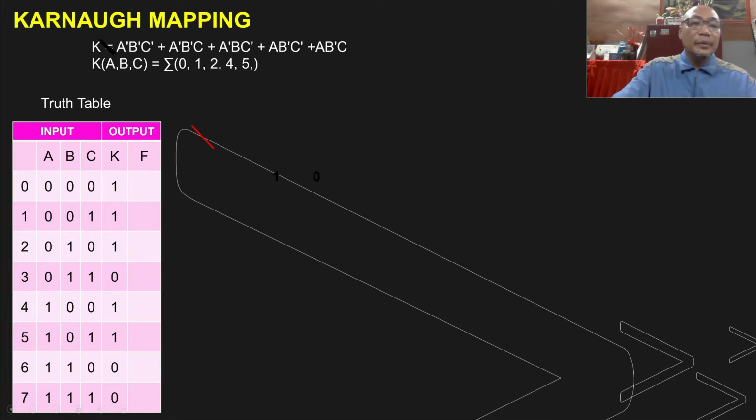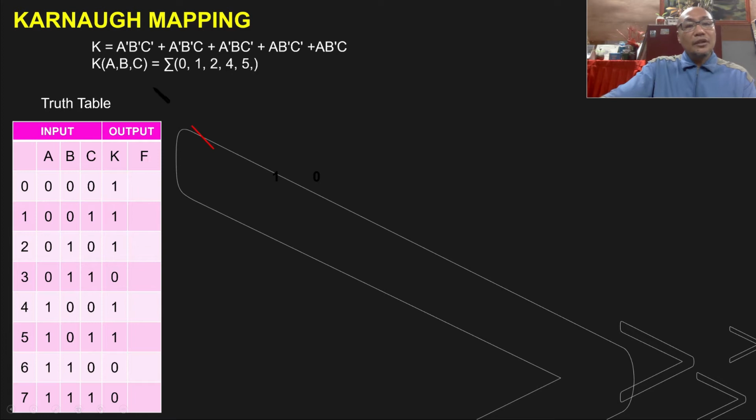Putting our expression into the map is simply getting the combinations of the literals that we have in the expression. That is equivalent to the summation of 0, 1, 2, 4, and 5. The remaining combinations of our literals will therefore be equal to 0.